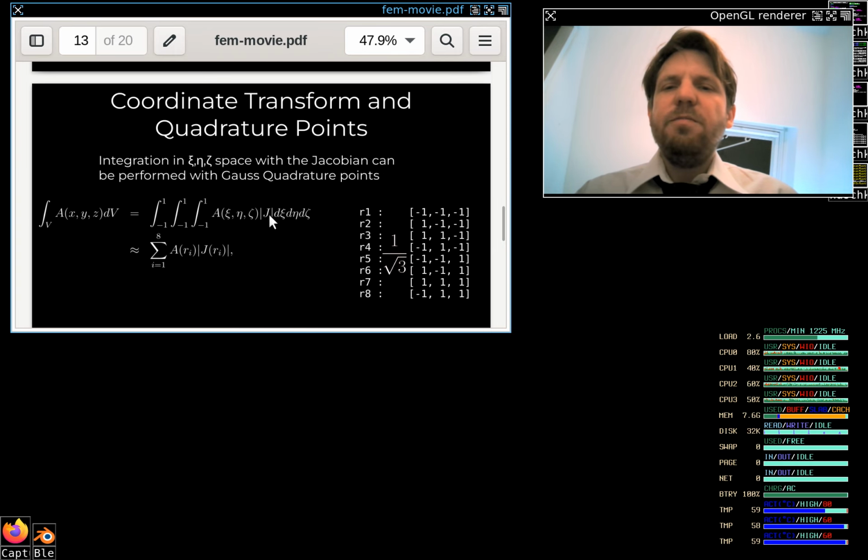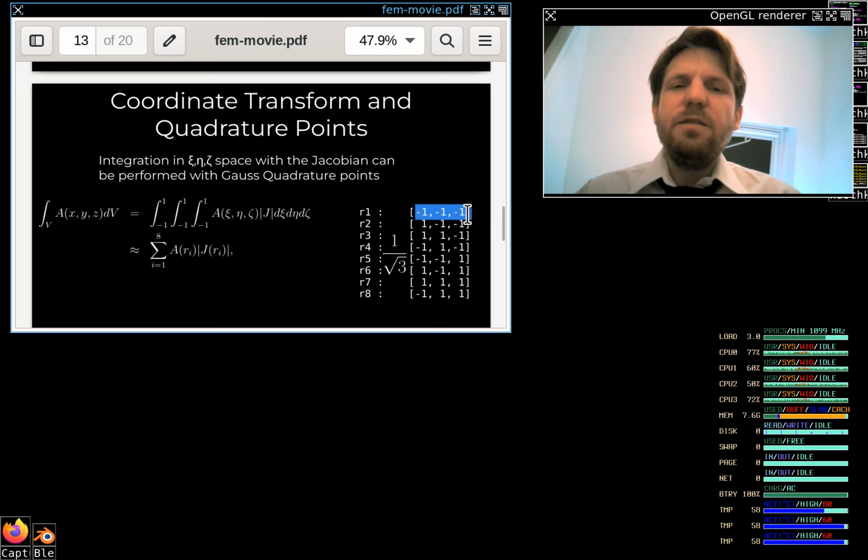So you get your J matrix and you get this A, and the story is, you can calculate this using 8 points, and this is almost perfect. You can't even really find the rounding error if you do this using floating point math, and you just sum up over these 8 points, plugging in these coordinates as Ri, as we have made this coordinate transformation with the Jacobian.